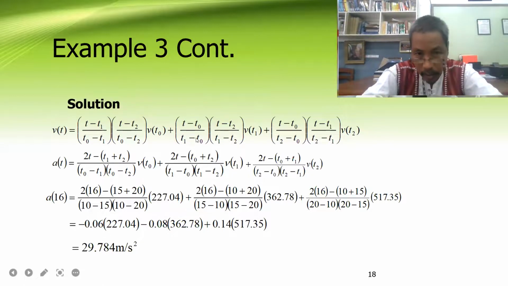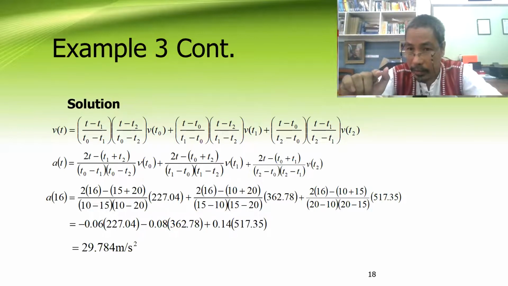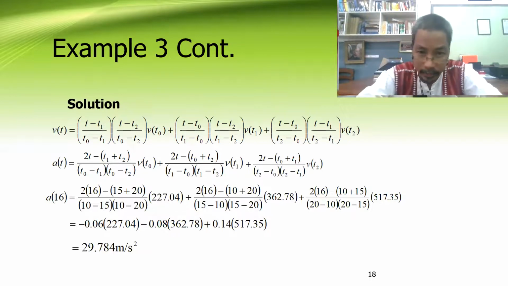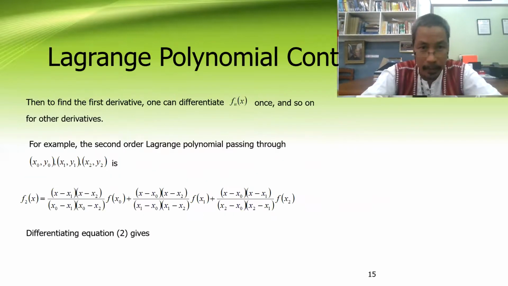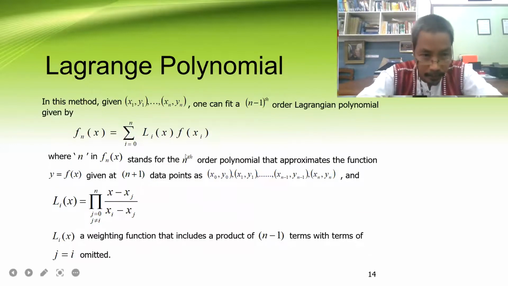L0, L1, and L2. Li meaning i is from 0 to N. N is 2 because second order. Li from 0 to N. Okay? If you go back here, Lj. i and j doesn't matter.